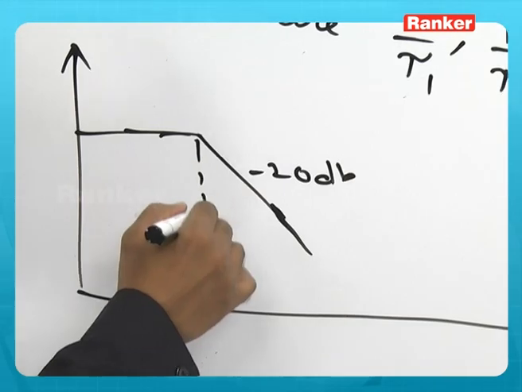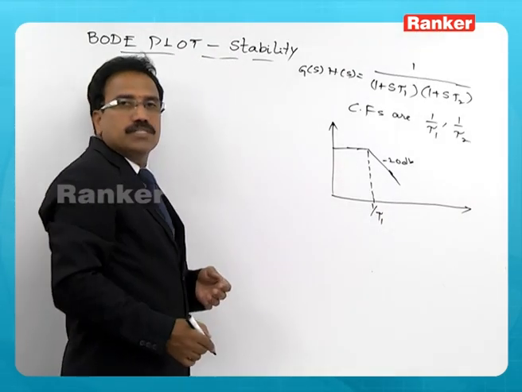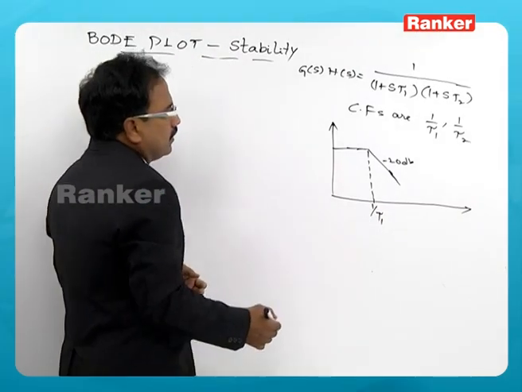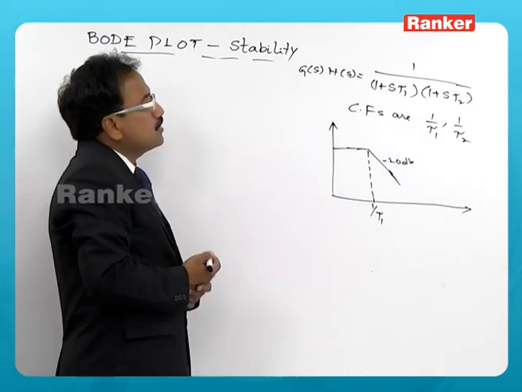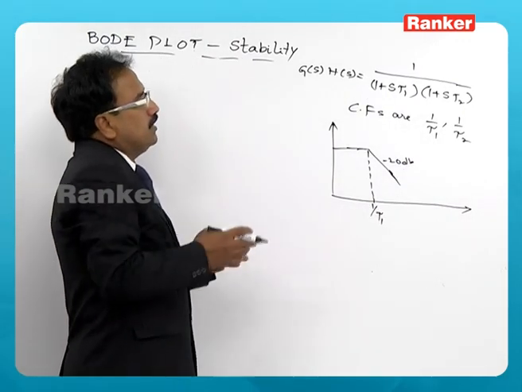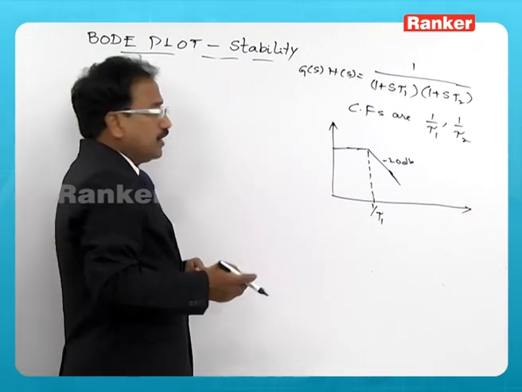This slope begins at some corner frequency 1 by tau 1, and there is a second corner frequency also. The slope of that particular term is again minus 20. So, the net slope becomes minus 40.